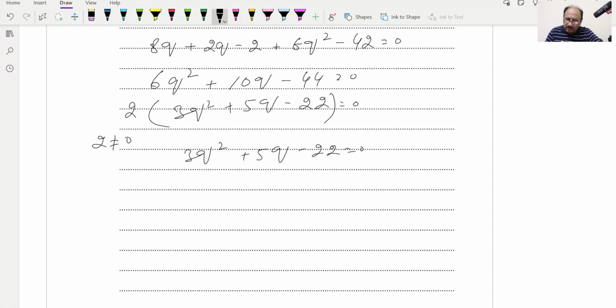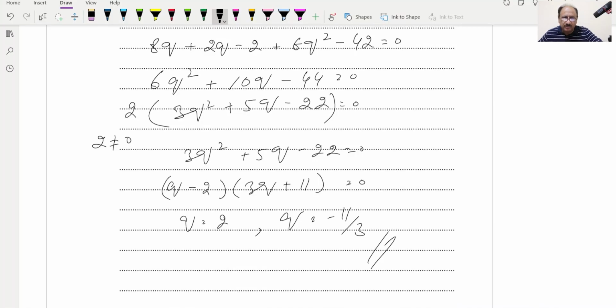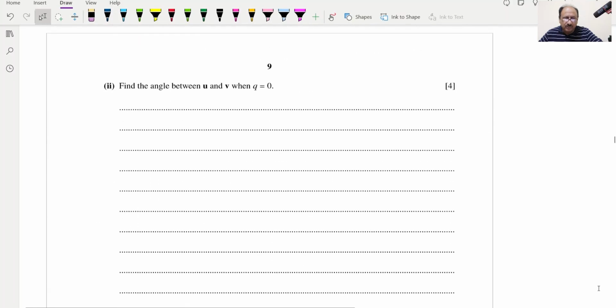So we can write (q minus 2)(3q plus 11) is equal to 0. So q is equal to 2, and the second value is q is equal to minus 11 over 3. So these will be the two values for q.